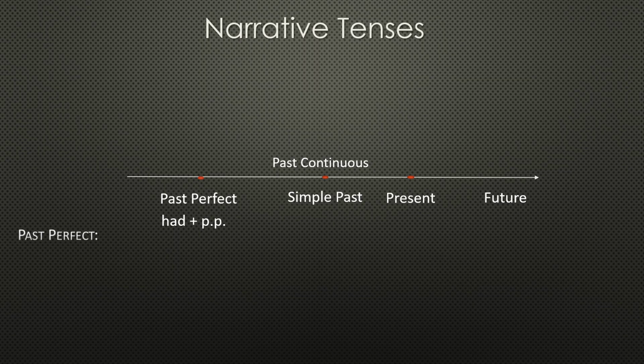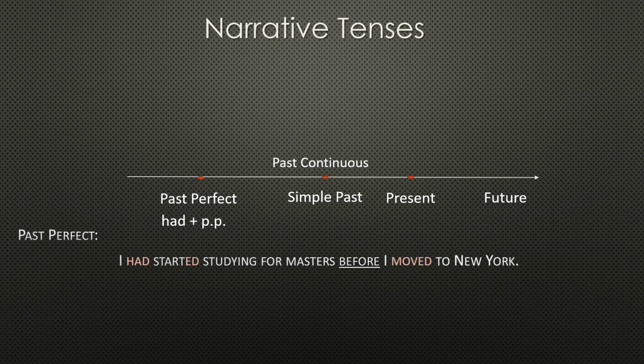Look at this example. I had started studying for my master's before I moved to New York. So which one happened closer to the present? Moving to New York. But before moving to New York, I had already started studying for my master's.